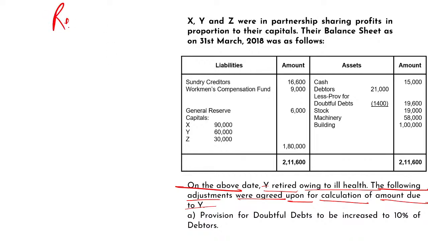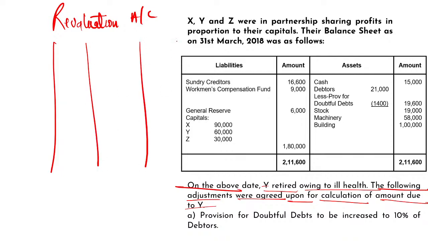So now we will prepare the revaluation account. This will be our particulars, amount, particulars, amount. The first point is that provision for doubtful debts is to be increased to 10% of debtors.